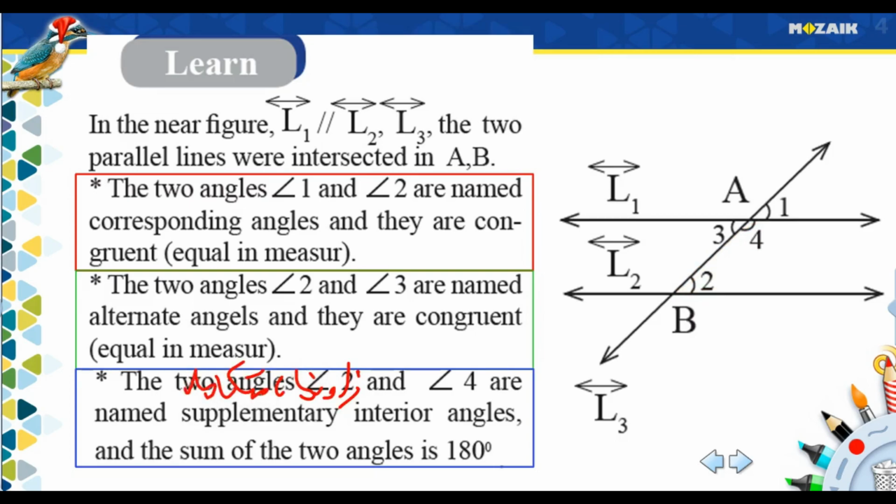Measure angle 4 and measure angle 2 are supplementary interior angles, and the sum of their measures is 180 degrees.